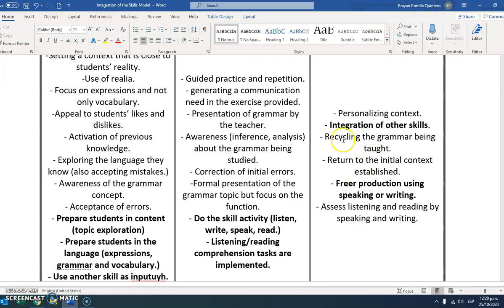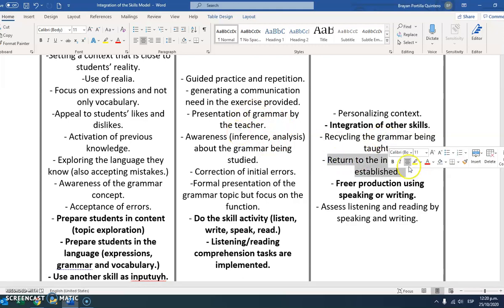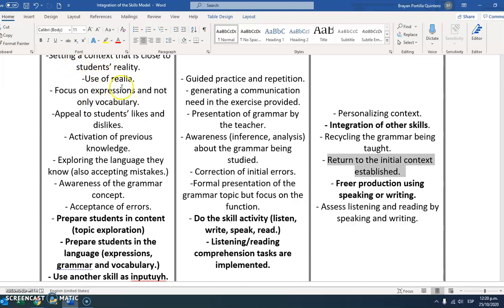In this way, you are recycling the grammar, which is the steps, and the vocabulary that were given during the listening and the list of the food, and you return to the initial context, which was talking about their favorite food and talking about making sancocho, but in this case would be making their own favorite food.